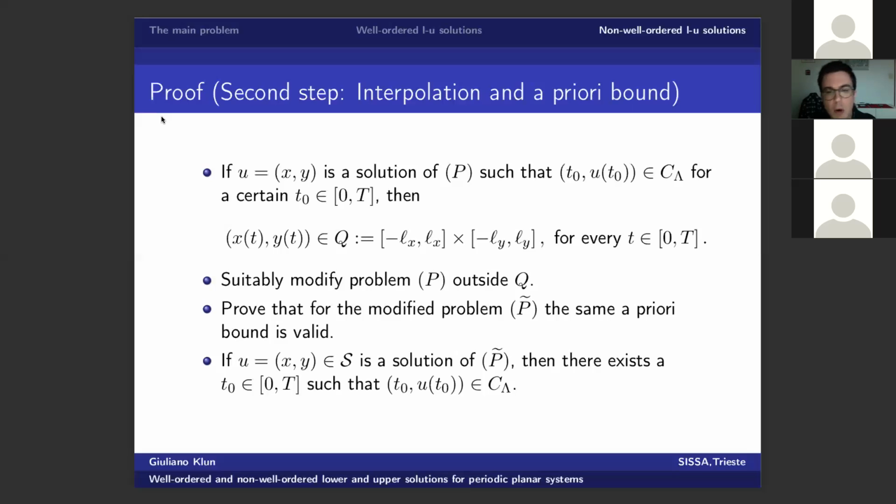And we can prove that for this modified problem, the same a priori bound is valid. Moreover, if u is a solution of P tilde belonging to the strip, then there exists a point such that the trajectory belongs to the central region for some time.